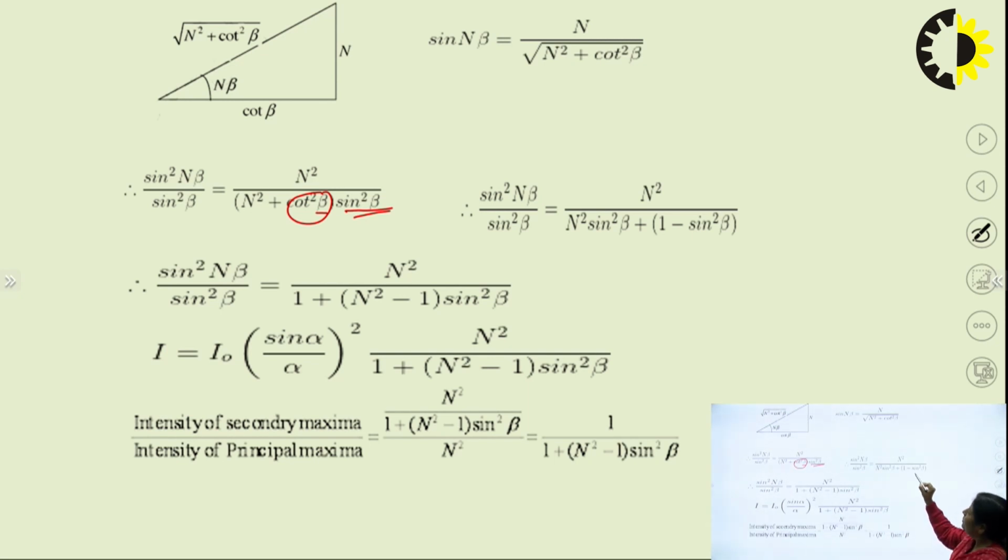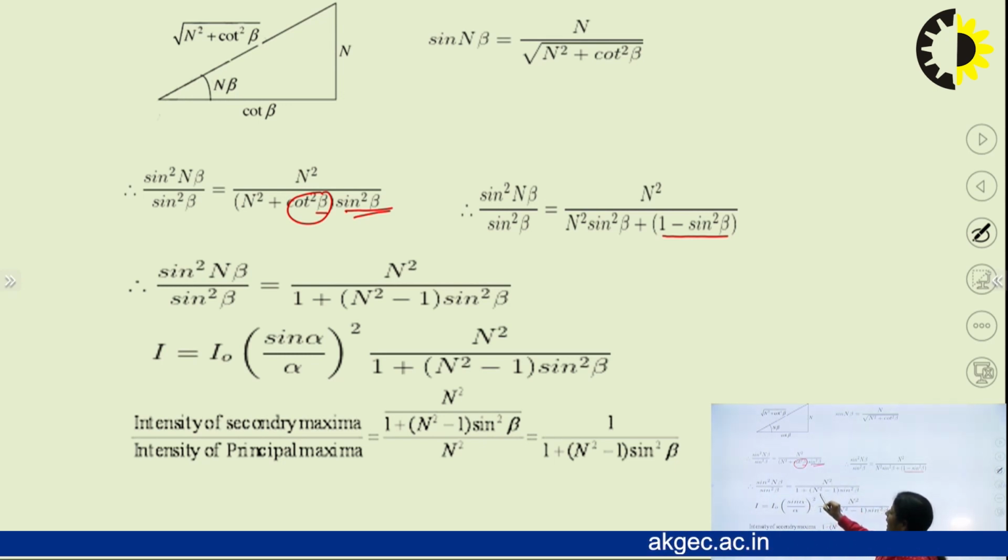For cos square beta, we can write 1 minus sin square beta. Then we will have n square sin square beta plus this cos square. We can further simplify. This becomes n square upon 1 plus n square minus 1 sin square beta.